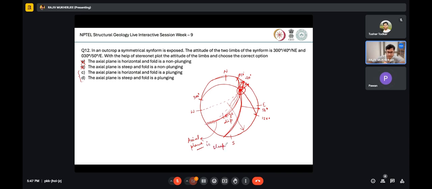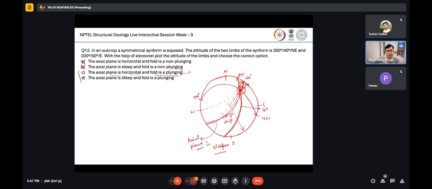Steeper. Sir, C is already disqualified because if it is horizontal, then it will be in periphery. Exactly, yes. Any axial plane which is horizontal cannot have a plunging fold. So that is automatically discouraged. Yes, exactly.